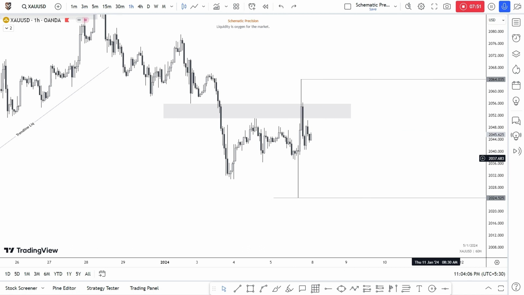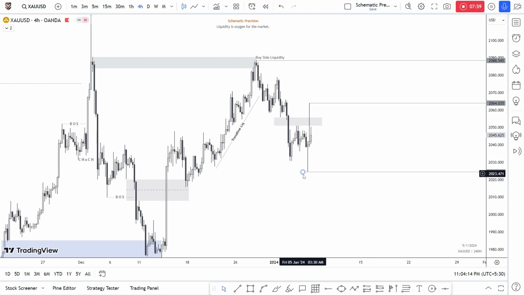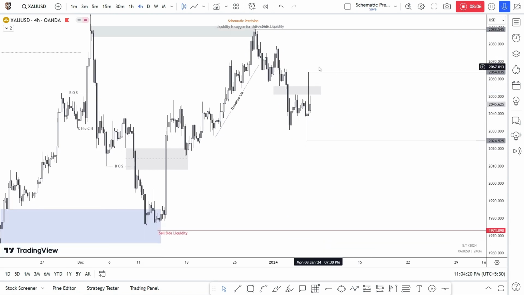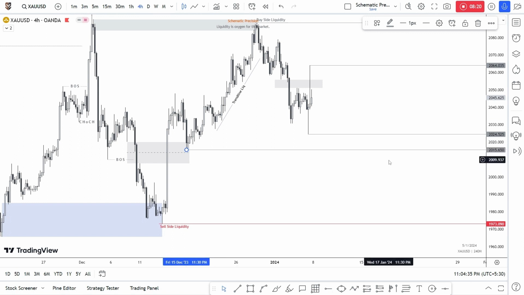So yeah, this will be my forecast for gold, and I'll be waiting for a confirmation of where it goes. But if 2064 is not broken, if we don't see 2064 getting targeted, we can expect lower prices easily on gold, and the first target will be this 2015, I guess, right? Yeah.